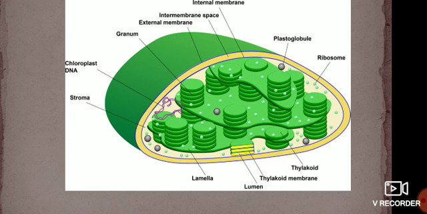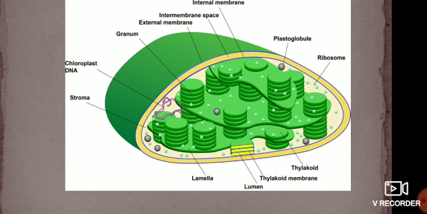On the outer side of the thylakoid we see the stroma, and this stroma has its own DNA, that is chloroplast DNA, and ribosomes as well. So here we are seeing that chloroplast also has its own DNA, right?